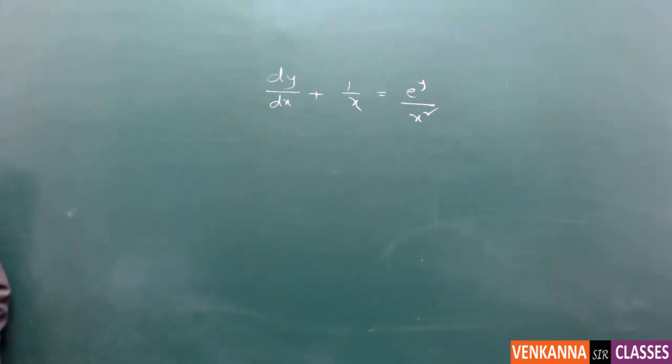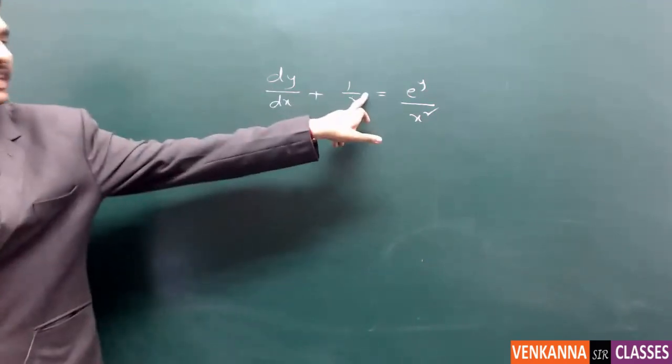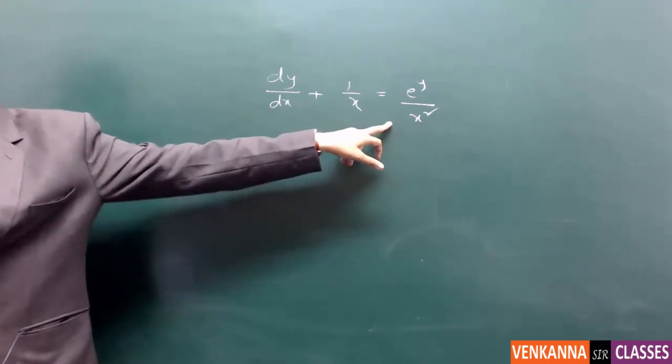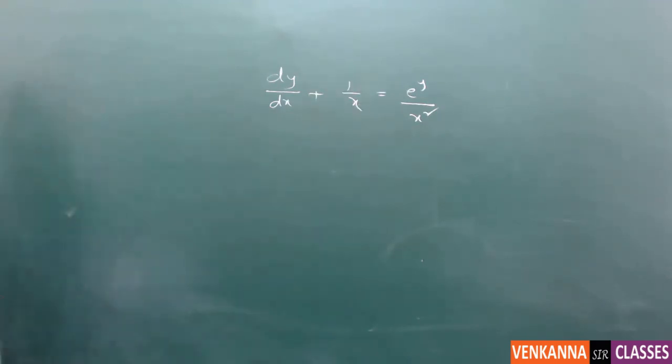Now see, is it linear? If you want to say that it is linear, y should be presented here and right hand side only x should come. Is it Bernoulli?